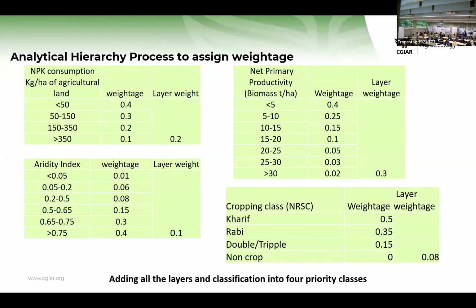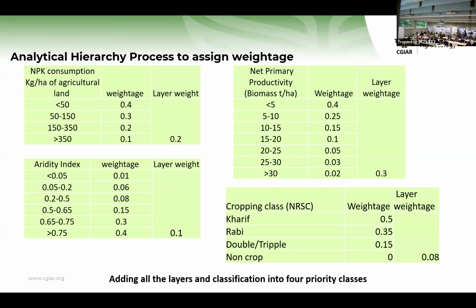These are the layers we have computed. And for each of these maps, we have assigned weightages. So how did we determine the weightages? We asked experts, key informant interviews on various aspects in their particular fields, from the government side and from the researchers' side, what should we prioritize? And we have taken an average value of all these experts' opinions, and we have assigned weightage.